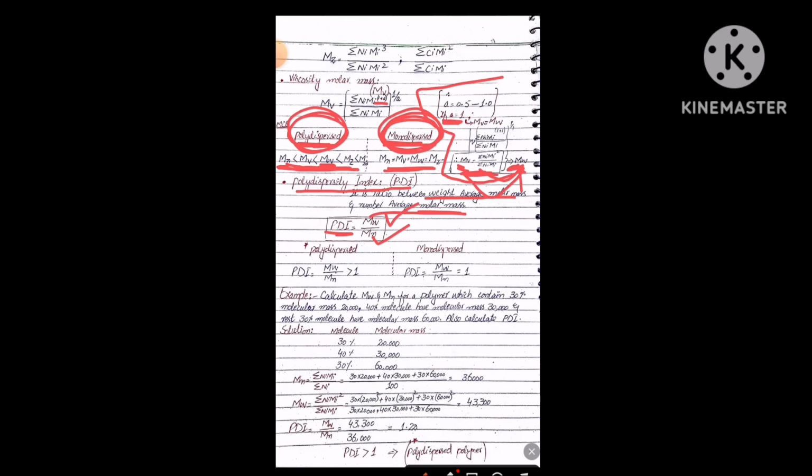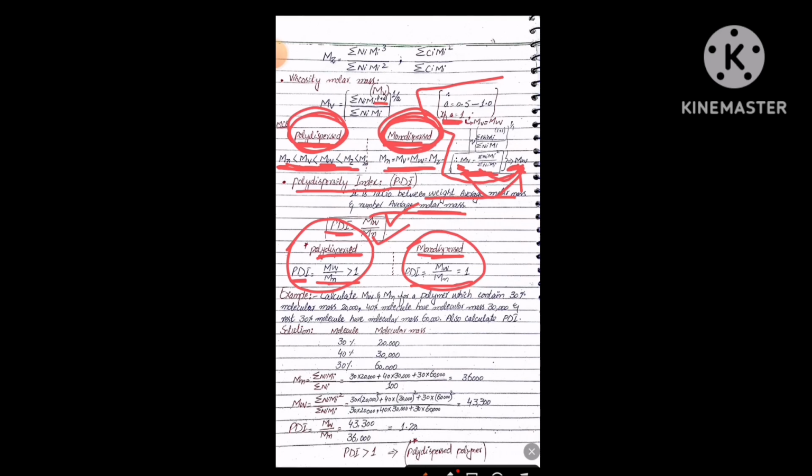Important MCQs: polydispersed and monodispersed. For polydispersed, Mw over Mn is greater than 1. In case of monodispersed, Mw over Mn is equal to 1.